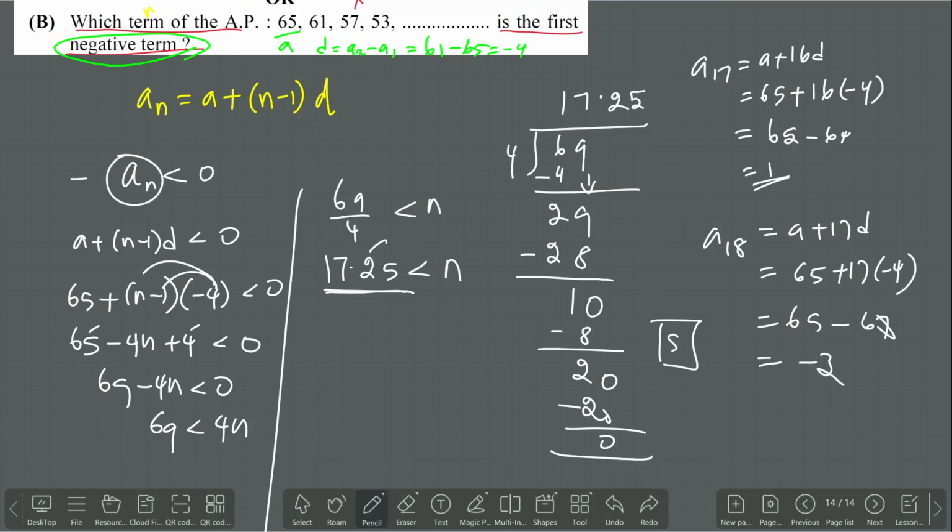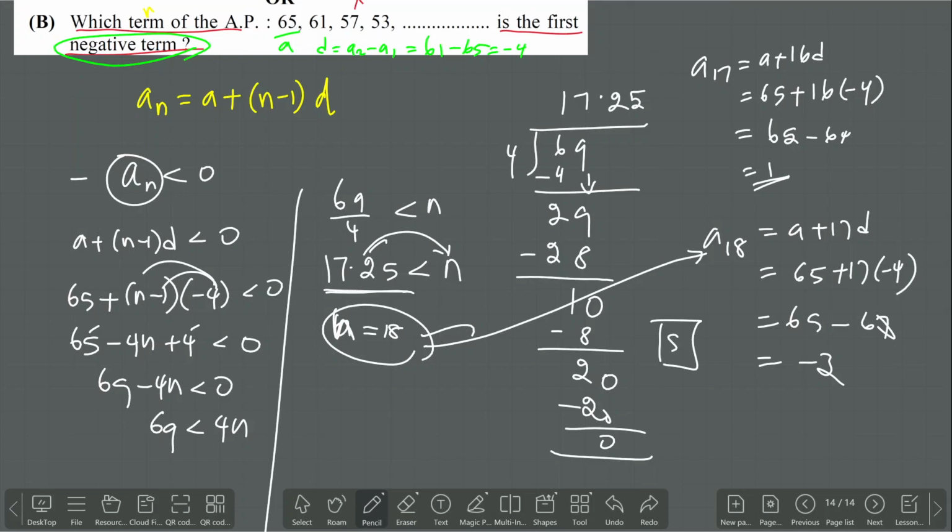Above 17 means which number? 18. So n is the first negative term of the AP. The previous number, if you find it, we get positive.